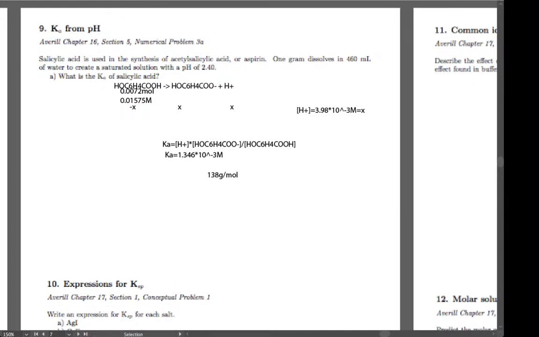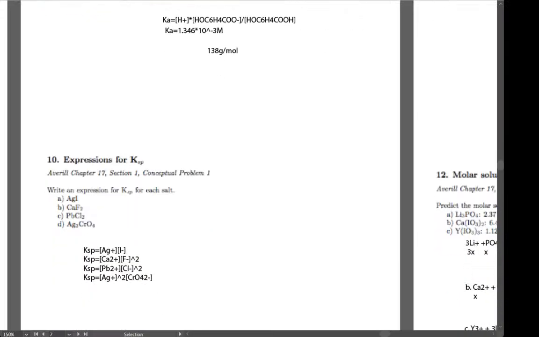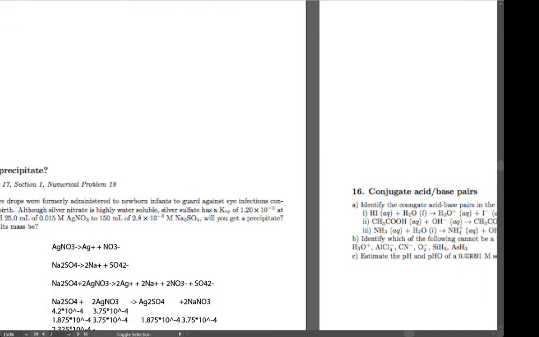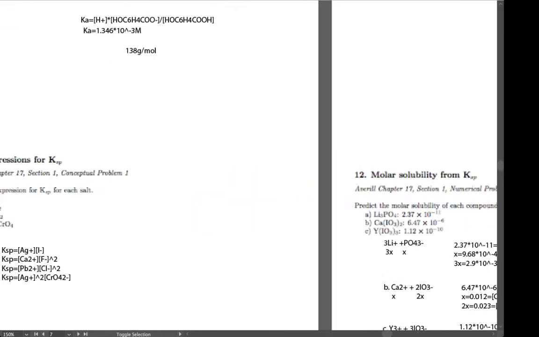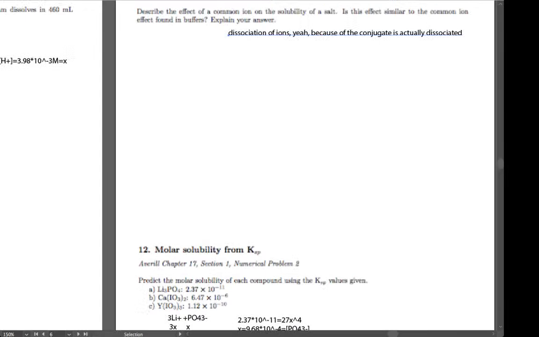It's 1.34. Yep. And for number 10, that's already correct. I'm just checking this one by one just in case. So yes, number 11, I made a mistake here.